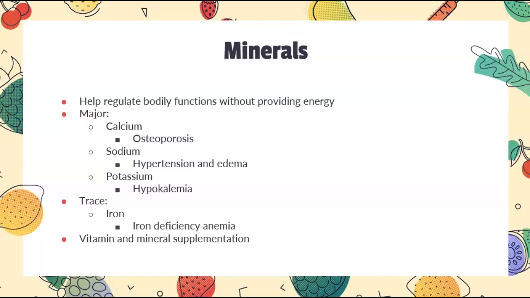Iron is an essential part of hemoglobin, myoglobin, and other enzymes. Hemoglobin carries oxygen to the cells, and myoglobin is responsible for storing oxygen in the muscles. So if we don't have enough iron, then we don't have enough oxygen for our cells and muscles. Lack of iron can cause iron deficiency anemia, which is the most prevalent nutritional problem in the world.